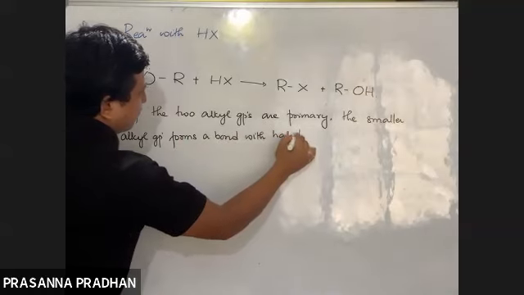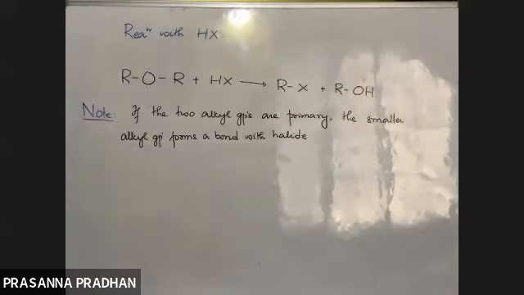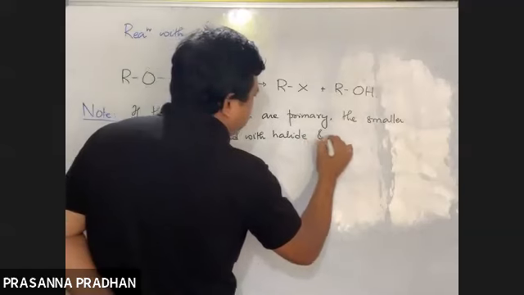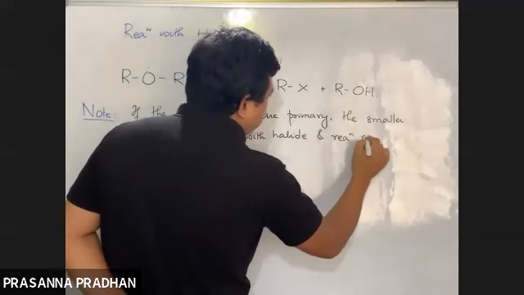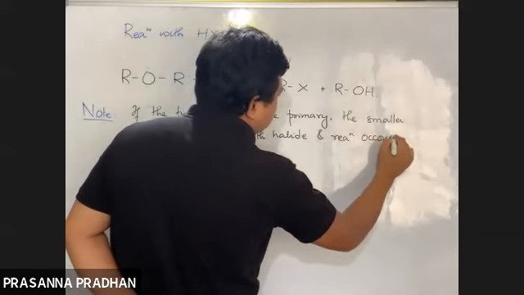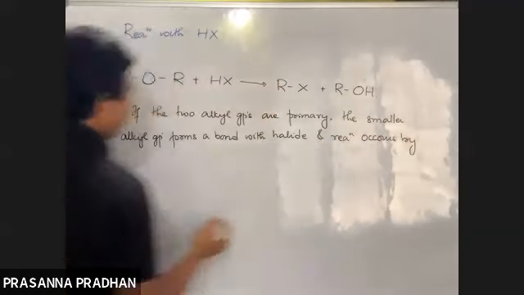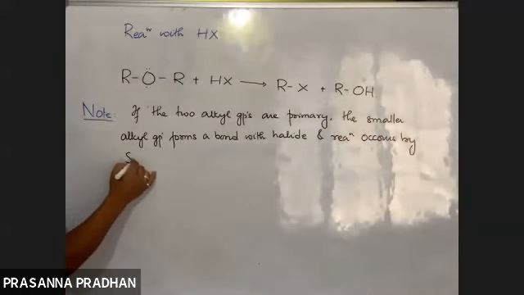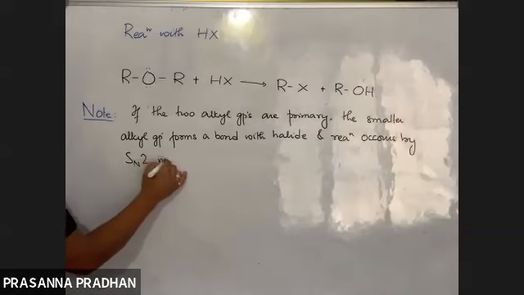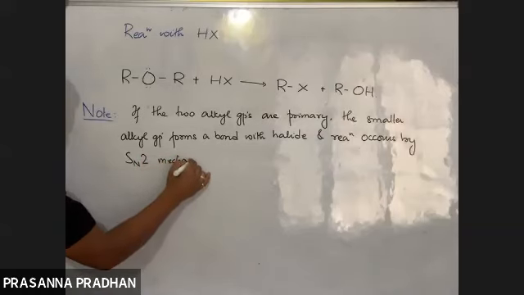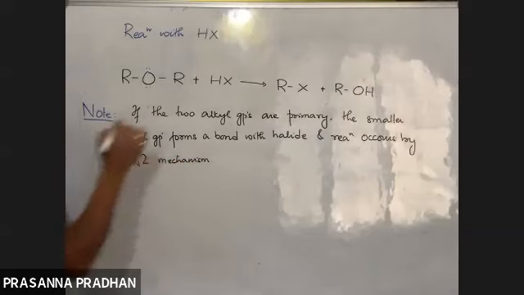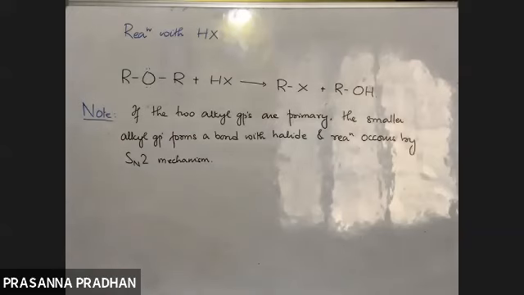The smaller alkyl group forms a bond with halide, and the reaction occurs by SN2 mechanism.